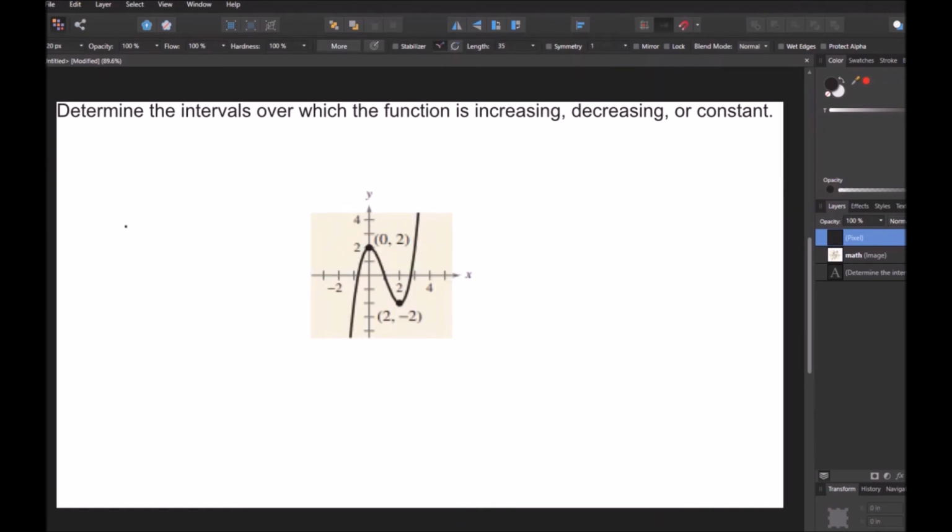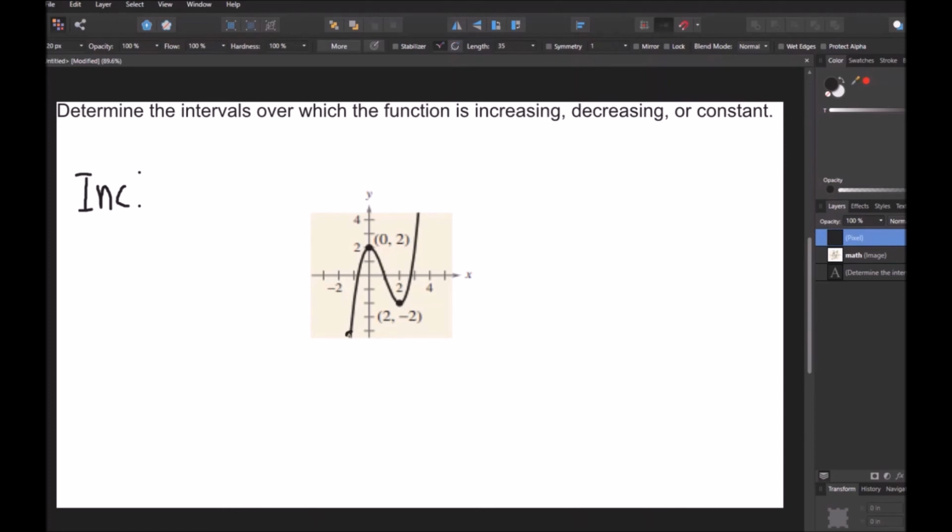Okay, so in this next question we're once again asked to determine the intervals over which the function is increasing, decreasing, or constant. But now we seem to have what looks like some sort of cubic function here. So let's start with looking for increasing intervals first. I'm going to be looking where f of x2 is greater than f of x1.